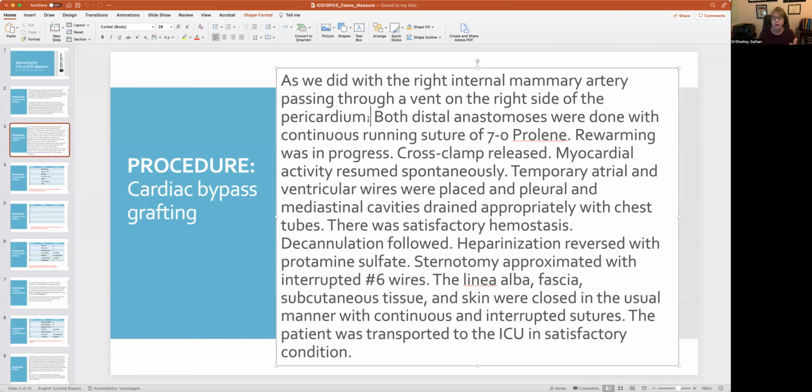So the linea alba, the fascia, the subcutaneous tissue, and the skin. You remember in anatomy class and medical terminology class when you learned about all the different layers of the integumentary system of the skin. So they had to stitch that up. And if you all took CPT class, you may remember learning about the different layers of the skin when there is a repair, right?